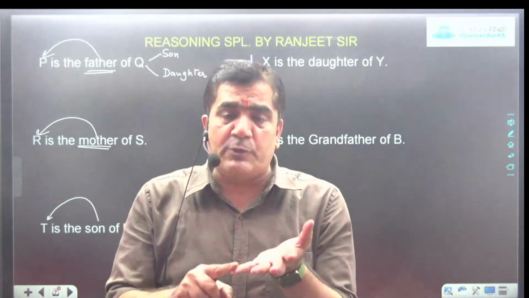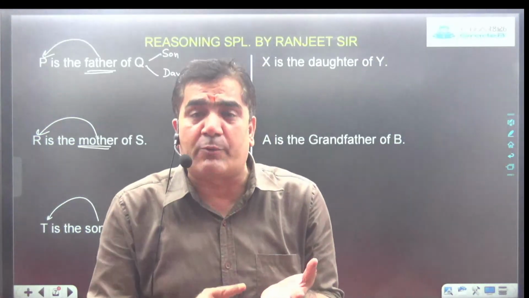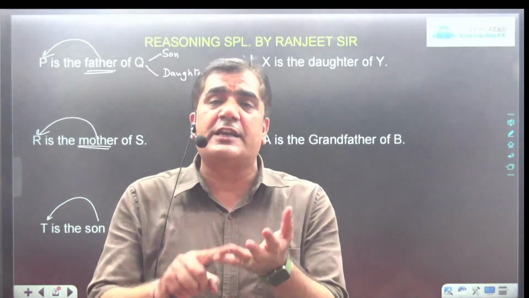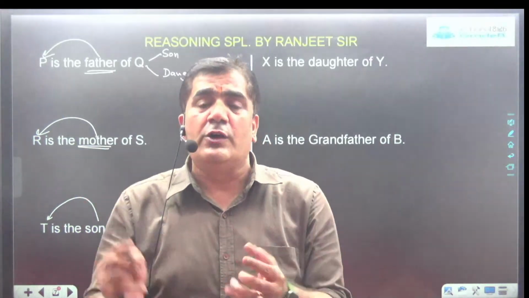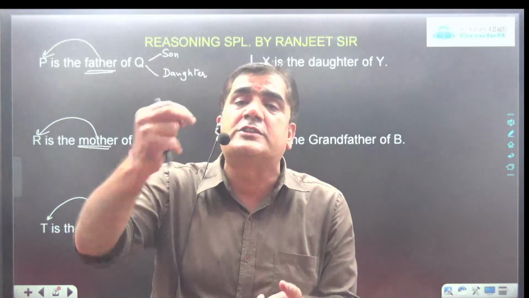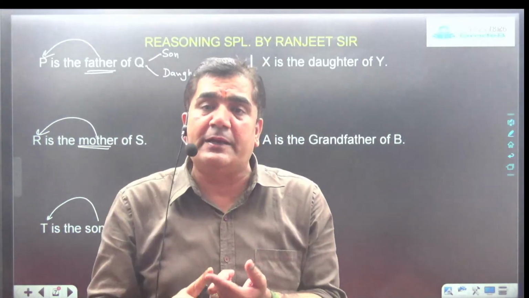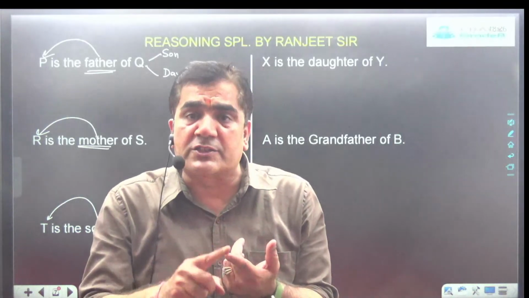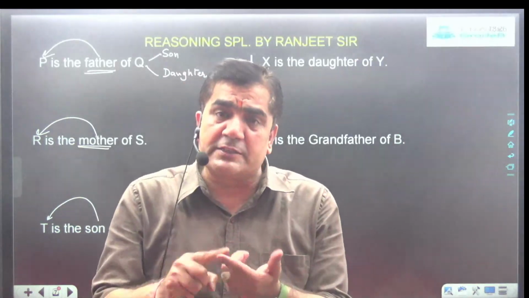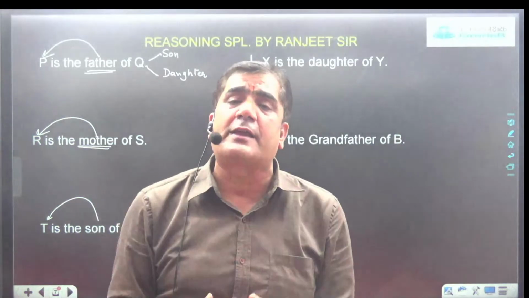First concept you need to understand: what is this generation gap, how the generation has been created, and how to find out which person is going to be in which generation. Because we will use this concept in type number 2, which is coded relationship. And this coded relationship has been asked many times in banking examinations.